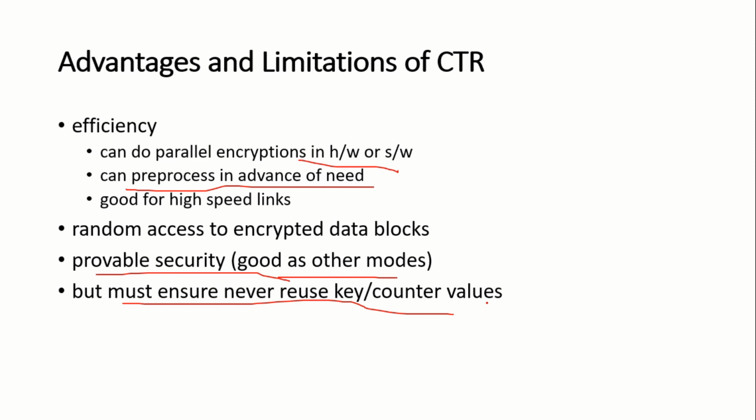Then we discussed cipher block chaining, in which the input which we gave to the encryption was XORed with the next block of the plain text and the preceding block of the cipher text. So in cipher block chaining, the output of one stage was chained with the input of the next stage, right?